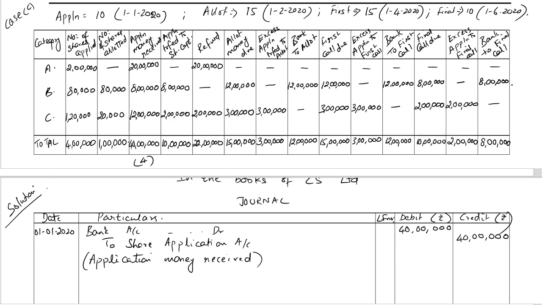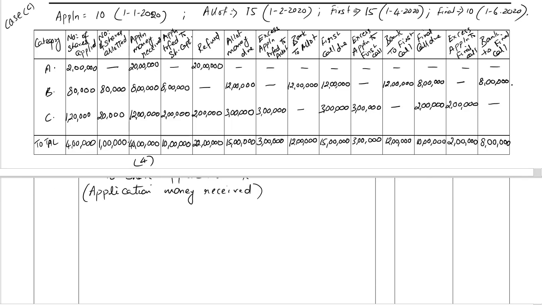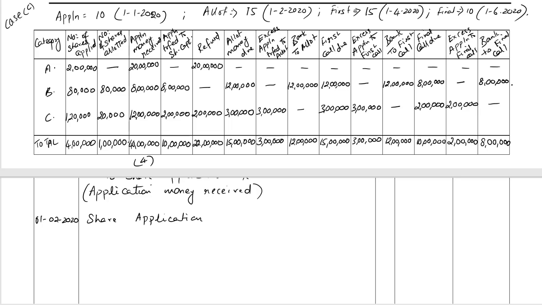The next entry is on the date of the allotment, 1st February 2020. Share application account debit, 40 lakh rupees. The amount of application money received.